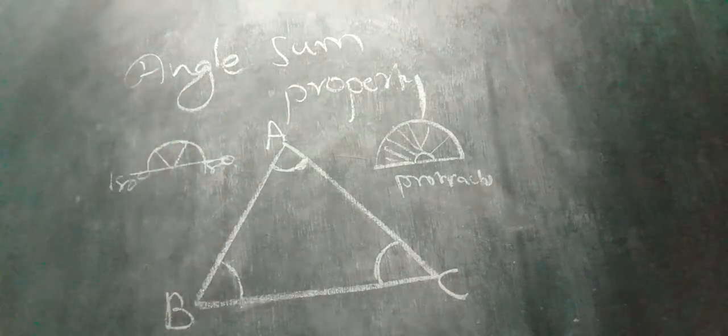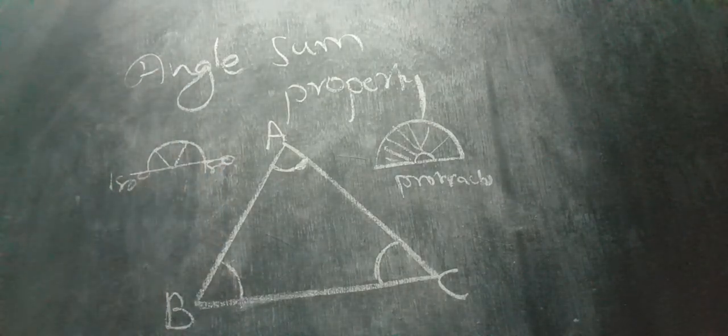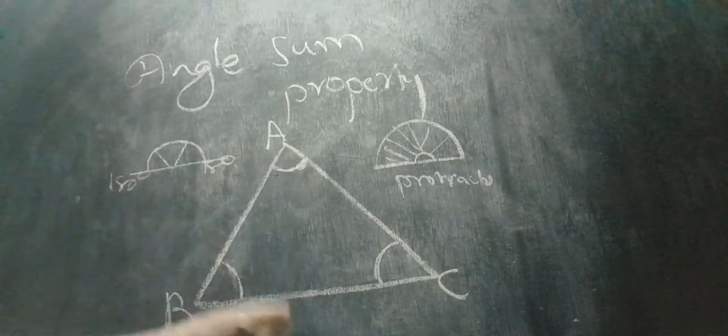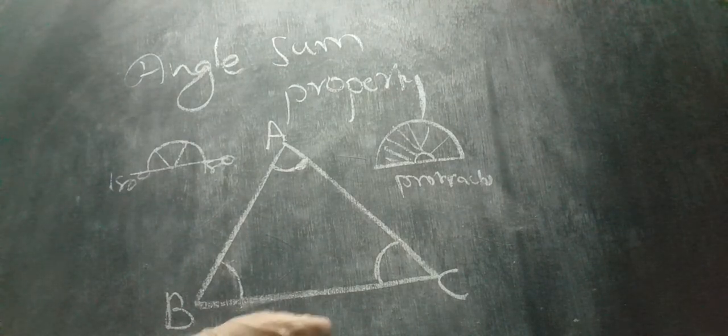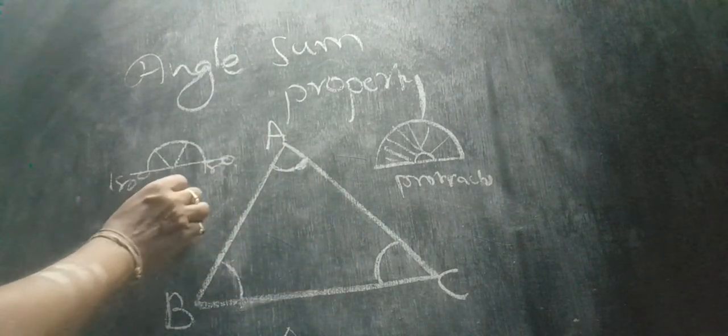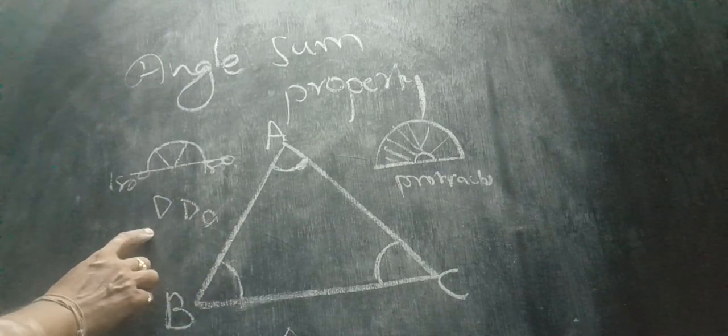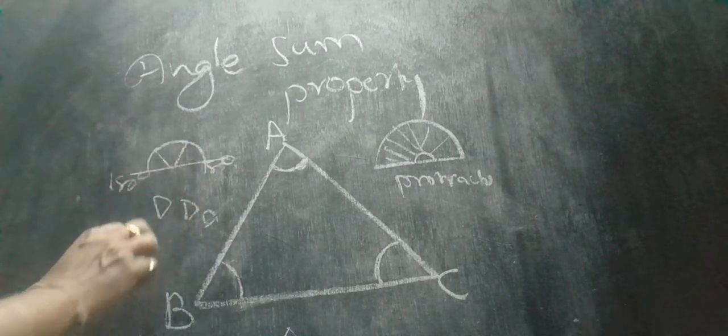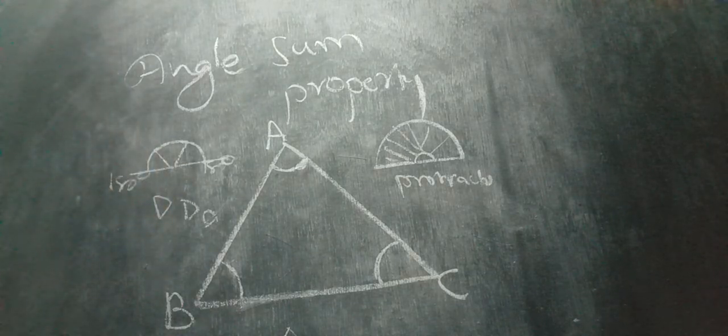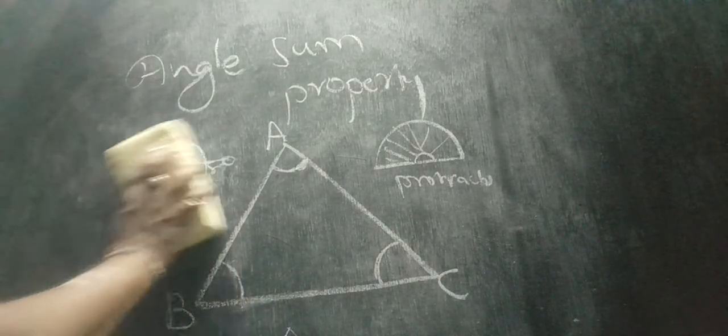Take one more paper, draw the line. These three pieces you paste here, you will get 180 degrees. Okay, this is angle sum property. The sum of the angles in a triangle is 180 degrees.